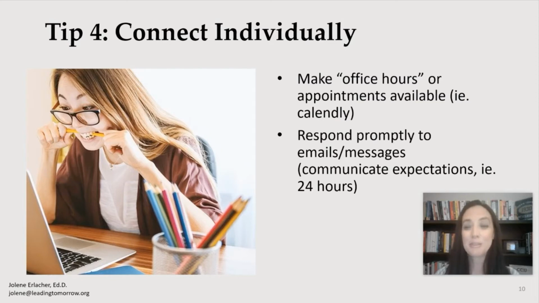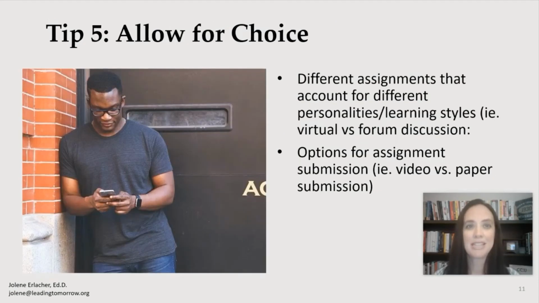I'm going to respond within 24 hours. And if I'm not going to be available to respond within 24 hours, let's say I'm on vacation or something's come up, I will let you know. So I will make an announcement so my students know I'm not available. Typically, I respond much quicker than that, usually within an hour or two. But I just like to give them that expectation.